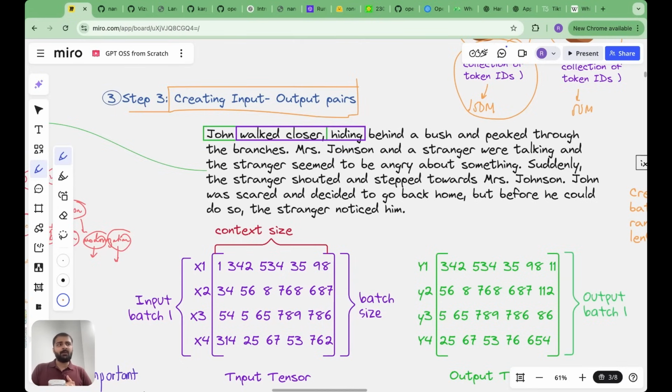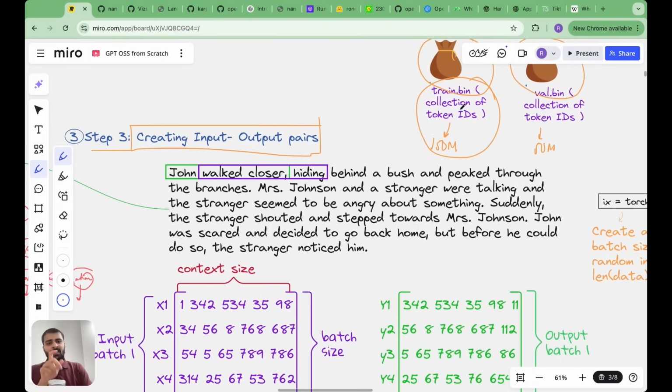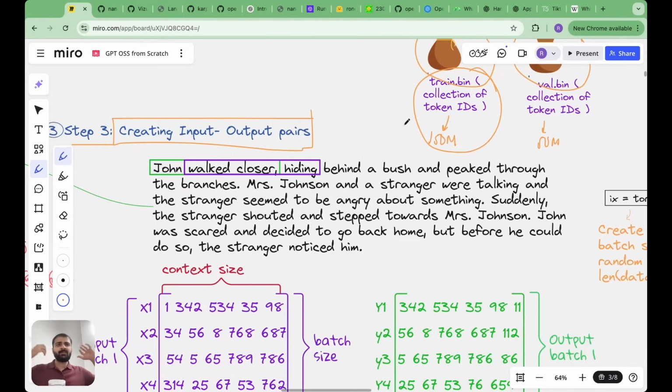If you are building GPT-OSS, you have tokenized the data, and you have train.bin and validation.bin. For now, let's just look at train.bin. It's just a bunch of token IDs right now. It has no structure, there is no input, there is no output. You have to take those token IDs and convert them into input and output pairs, so that we can train our model, define a loss function between the true output and our model prediction, and then reduce the loss as much as possible to optimize our model. That's going to be the whole idea.